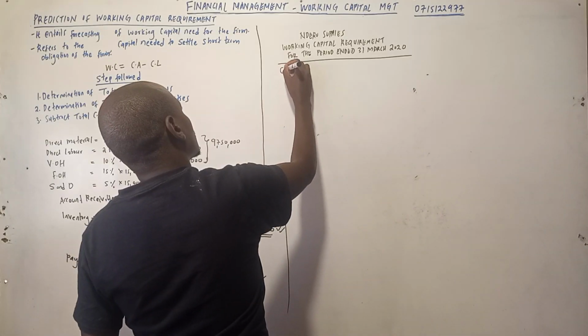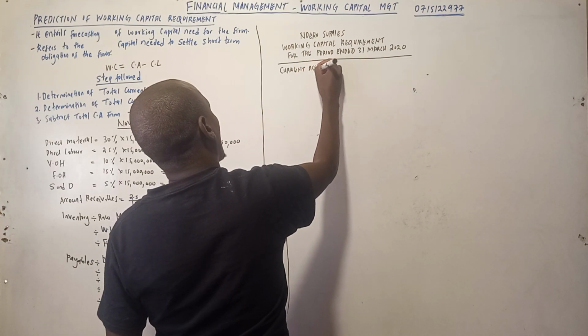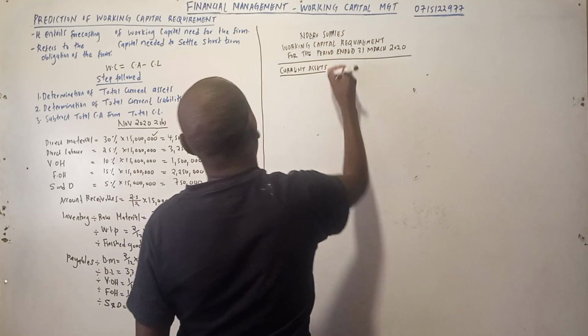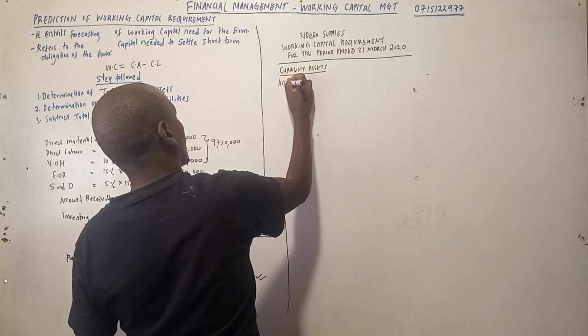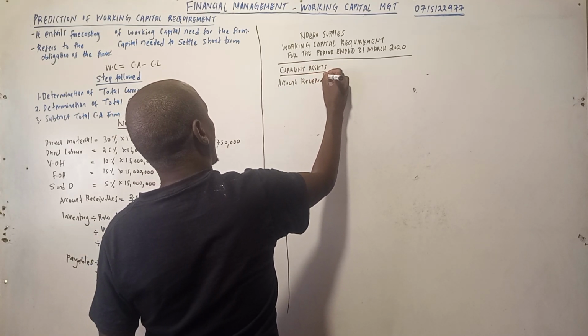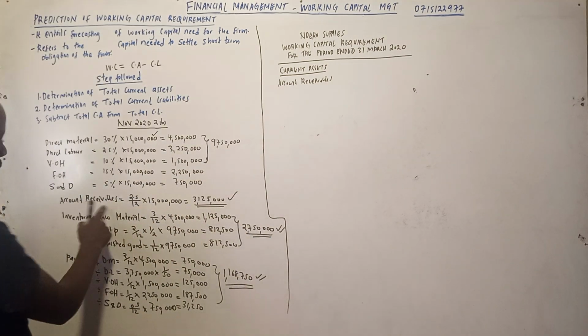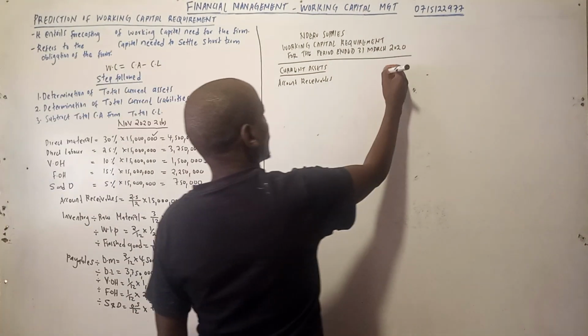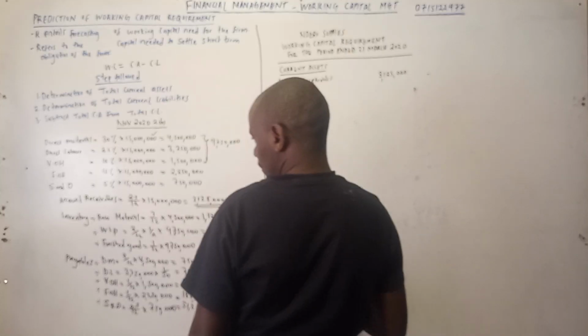So current assets. Our current assets, we have account receivables. Account receivables 3125,000.